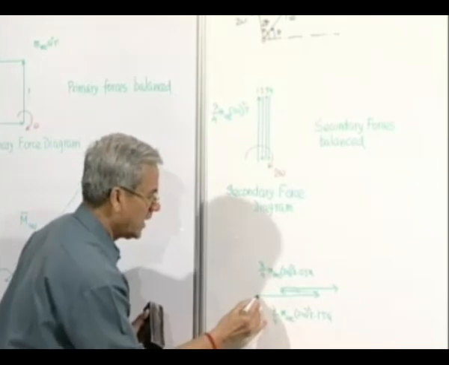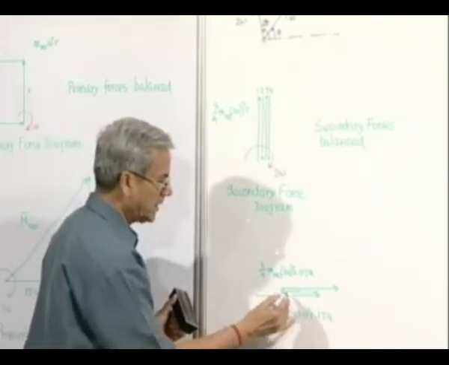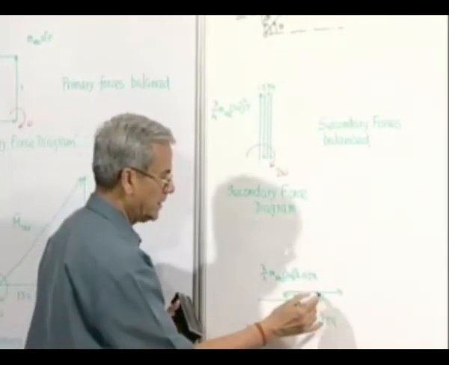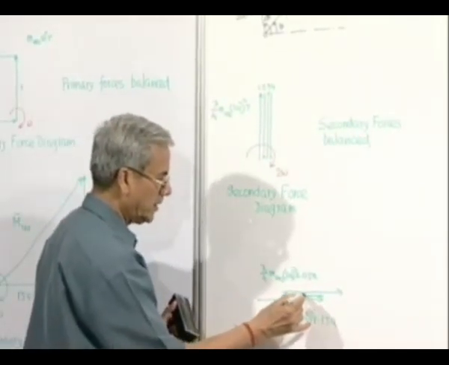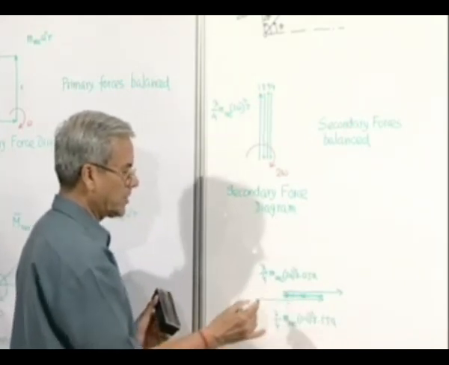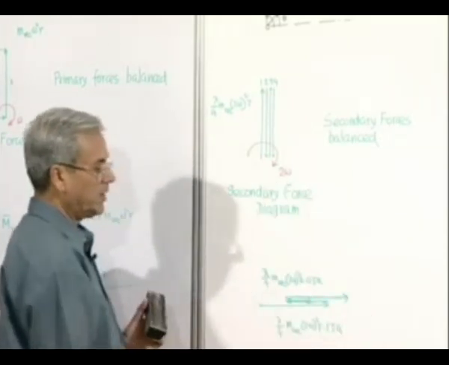So we started here, this is the moment produced by the secondary force of the first cylinder, this is the moment produced by the secondary force of the second, this is the moment produced by the secondary force of the third, and this is the moment produced by the secondary force of the fourth one.